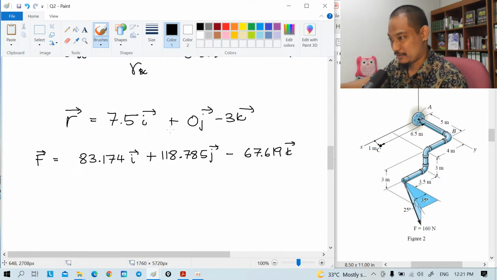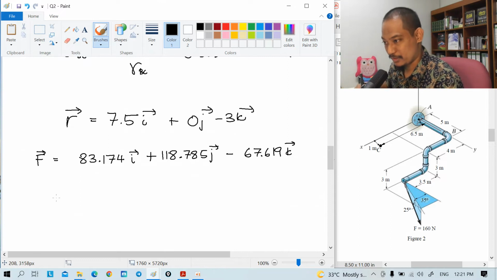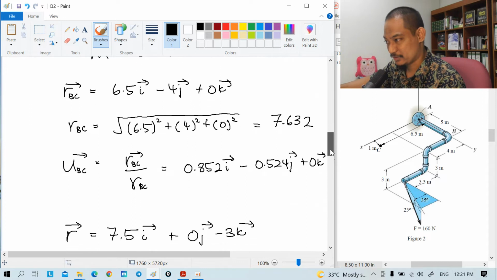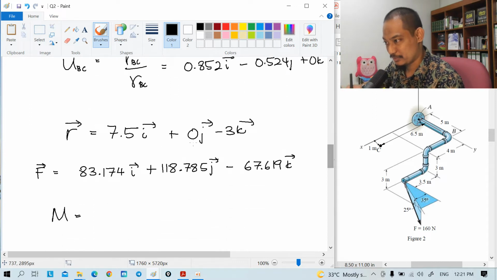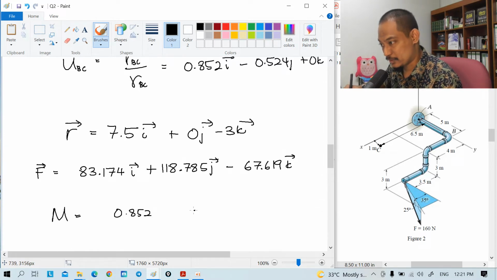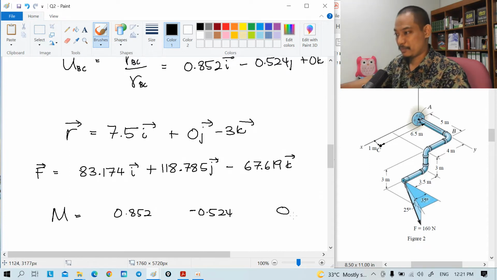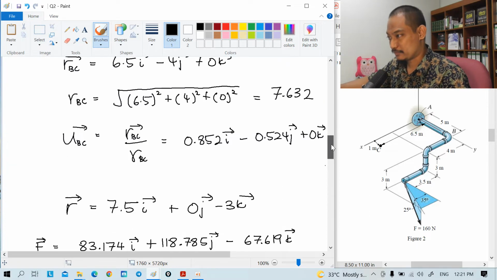Okay, so then the moment in terms of the matrix. The unit vector is there, so let's put that one first. So you have 0.852, minus 0.524, and then 0. And that's the unit vector, right?